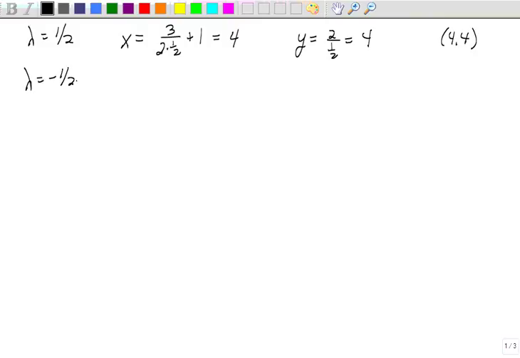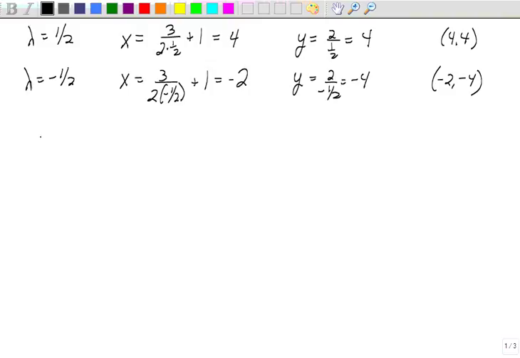When lambda is a half, then x is 3 over 2 times a half plus 1, and that is 4. And y is 2 over lambda, so that's 4. So we have the point (4, 4). When lambda is negative a half, we have x is 3 over 2 times negative a half, that's minus 3 plus 1, is negative 2. And then y is 2 over negative a half, which is negative 4. So we get (negative 2, negative 4).